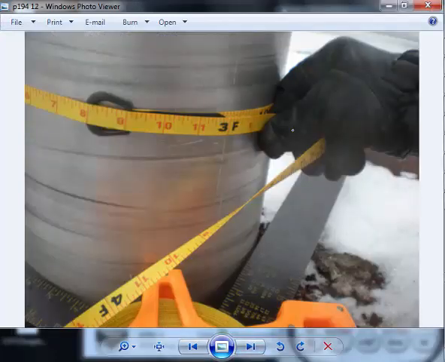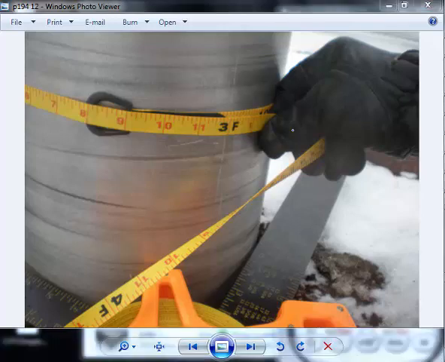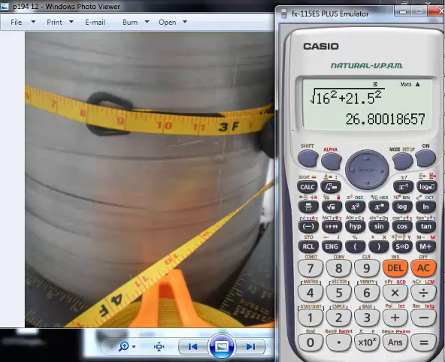Here we see the circumference of this flagpole. We can determine its radius by taking the circumference, 2 feet 8 inches. I'm going to write it as a fraction, so 2 8/12 feet.